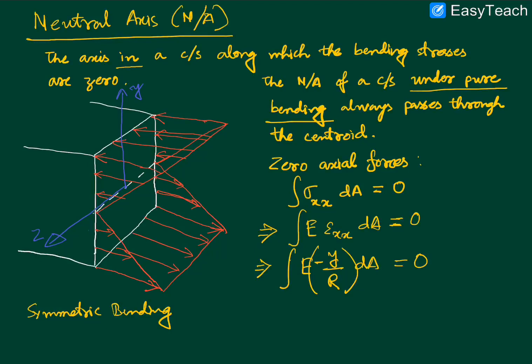So epsilon xx is equal to minus y divided by capital R, where R is the radius of curvature of the beam under consideration. Okay, so the Young's modulus is a constant. Under pure bending, the radius of curvature does not change. So what we can do is we can take the Young's modulus and the R out of this integration, and what we'll have is basically this.